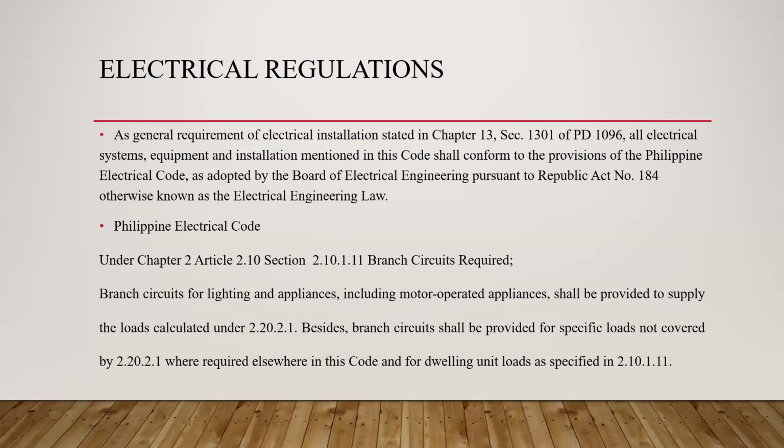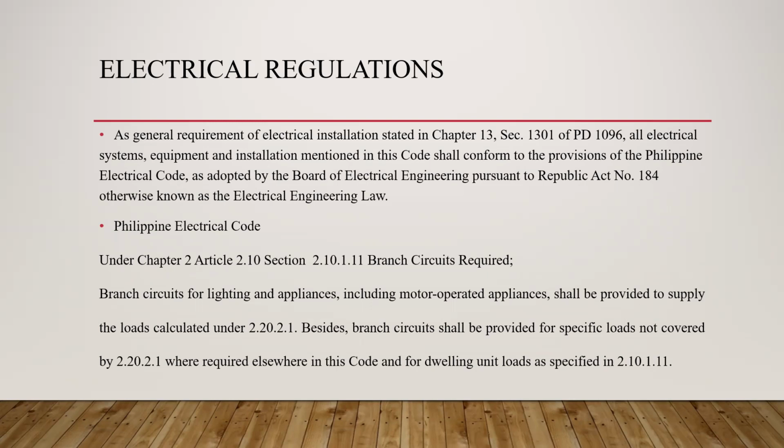Philippine Electrical Code, Chapter 2, Article 2.10, Section 1-11, yung ating branch circuit requirement. Branch circuits for lighting and appliances, including motor-operated appliances, shall be provided to supply the loads calculated under those conditions.